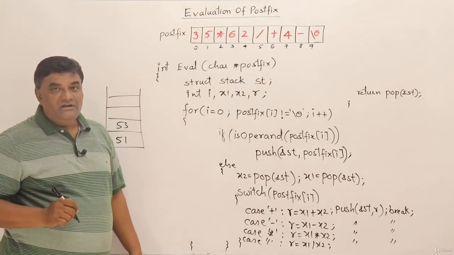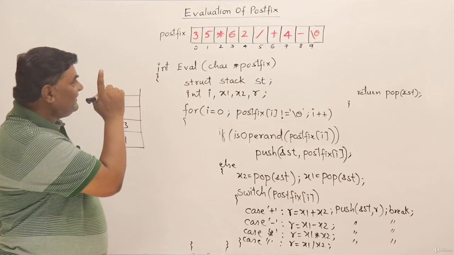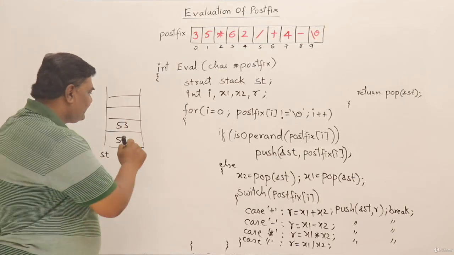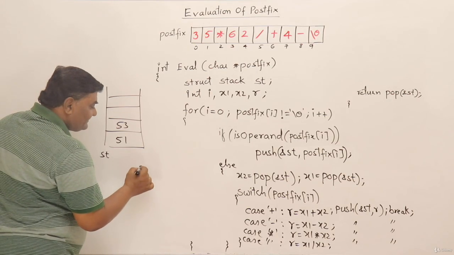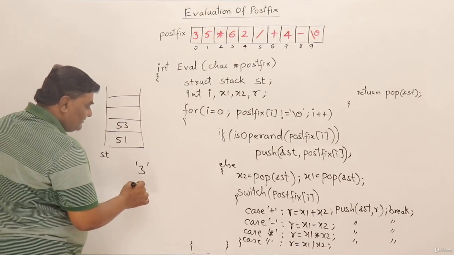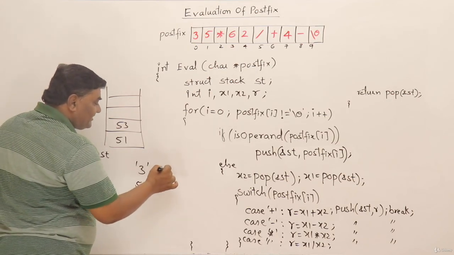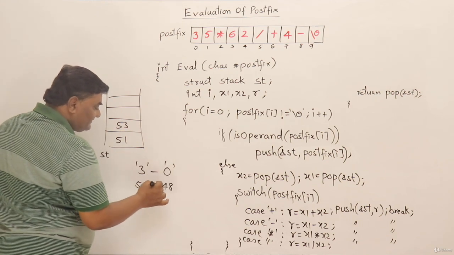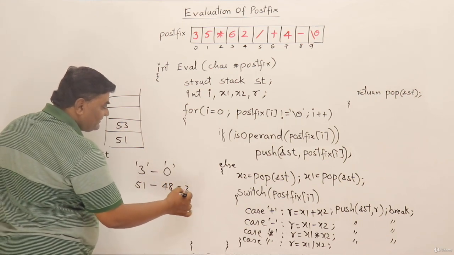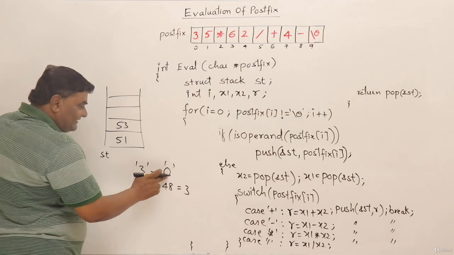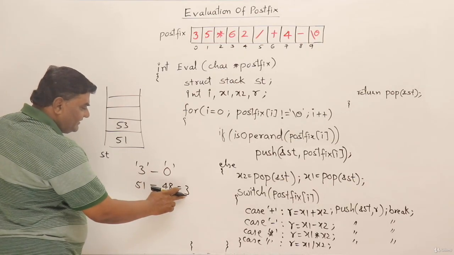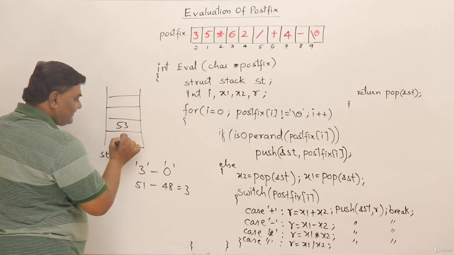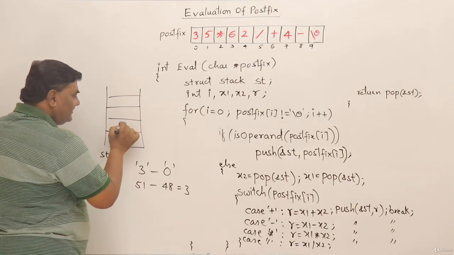Then what should I do? I should convert that character 3 into integer 3. How to convert? Check this. This is character 3, that is 51. Subtract character 0, which is 48. We get the result 3. So subtract character 0 from a number and we get the integer value of it.